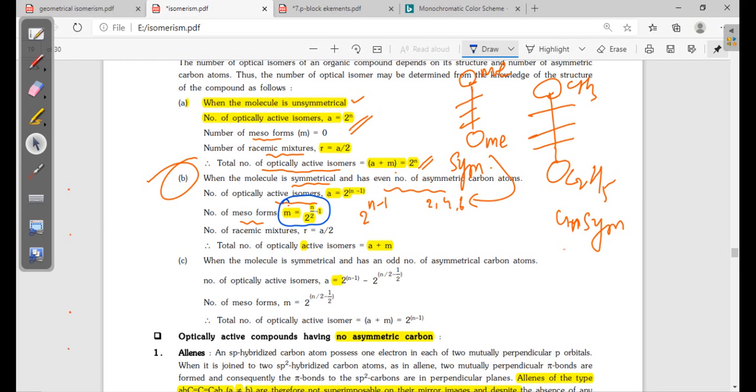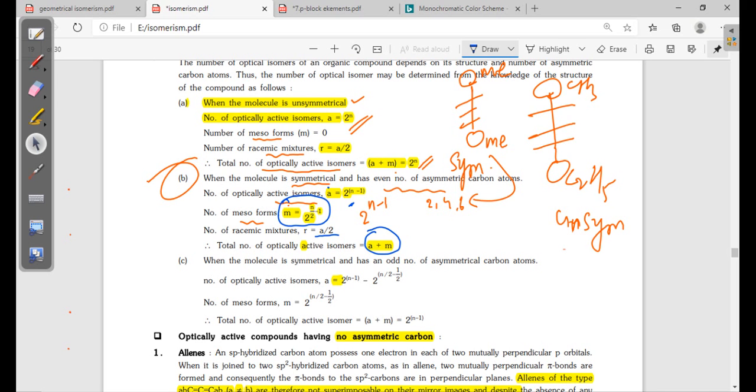For racemic mixture, A by 2. Whatever A you get, divide it by 2. Then for the total number of optical isomers, you have to add meso plus optically active; that is the total number of isomers. Right?